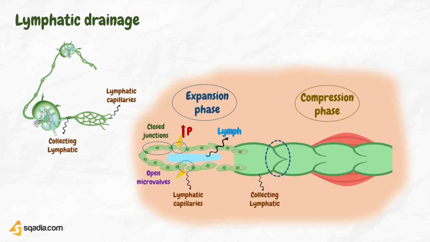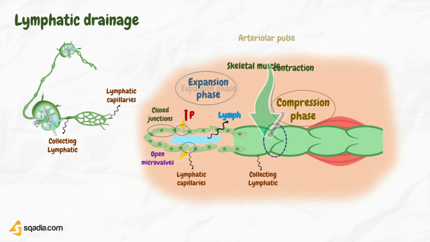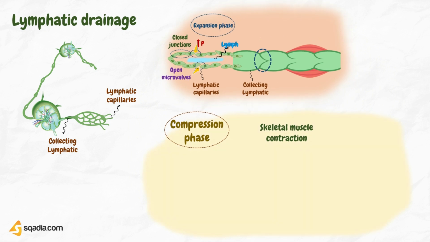Once the fluid enters the lymphatics, it is called lymph, and there is no pump that forces this lymph to move toward veins. But it complies with the arteriolar pulse, and also the force of contraction by skeletal muscle. This contraction initiates the compression phase.